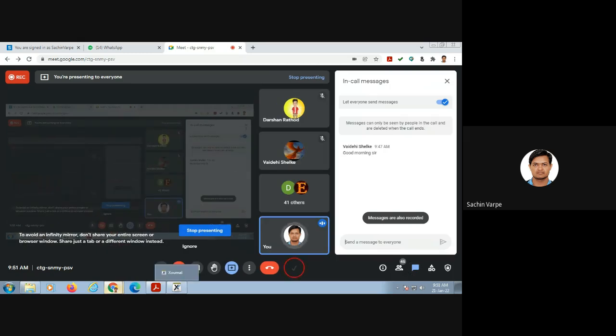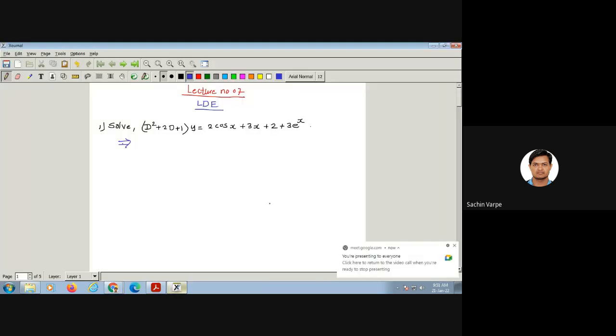We can easily see the roots by considering the auxiliary equation, D square plus 2D plus 1 equal to 0. This is the expansion of D plus 1 the whole square. So the roots are minus 1, minus 1.